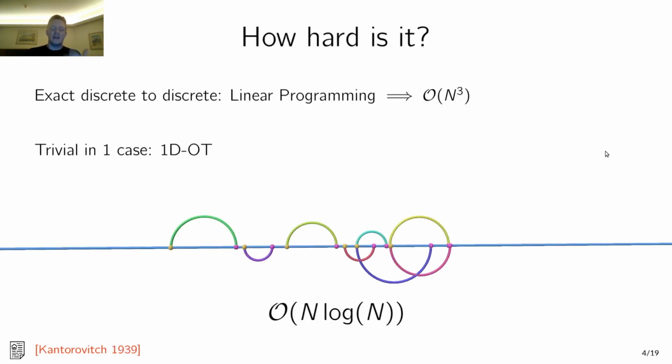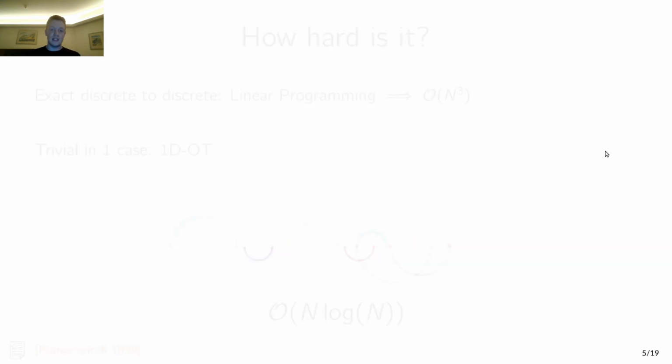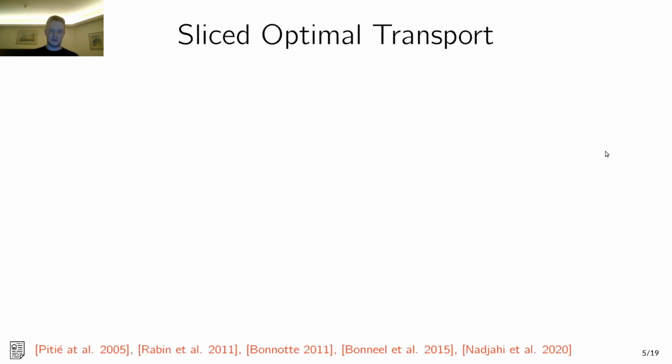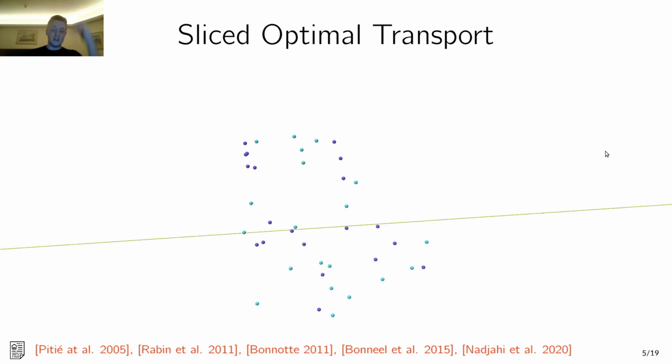Since optimal transport is hard in any dimension except in dimension 1, one very natural idea was to say, maybe I could transform my ND optimal transport problem, which is hard, into a bunch of 1D optimal transport problems, which are going to be way easier to solve. And this is precisely the idea behind sliced optimal transport. Suppose that you have your two point clouds, and instead of solving the global problem, you pick a slice, a direction, project your points onto that direction, solve the optimal assignment along that direction, and repeat that process many times.